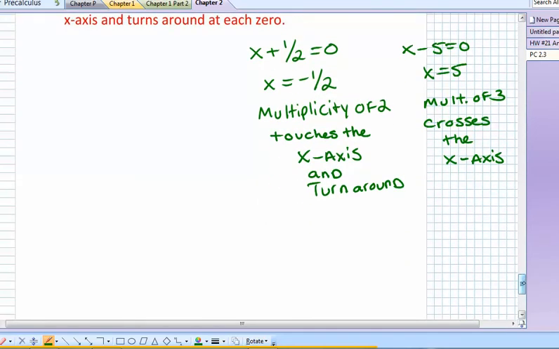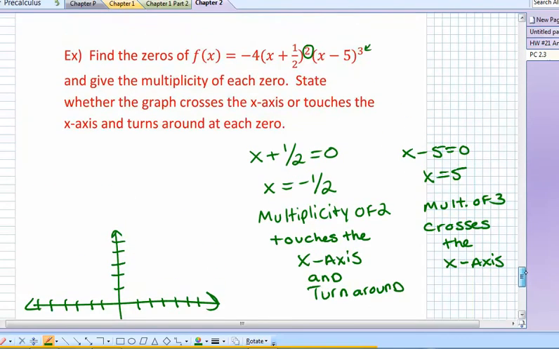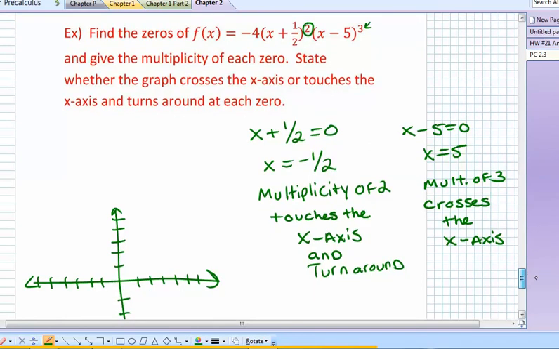Now, what that means basically is if I were to graph this function, now notice the degree here is 5, right?